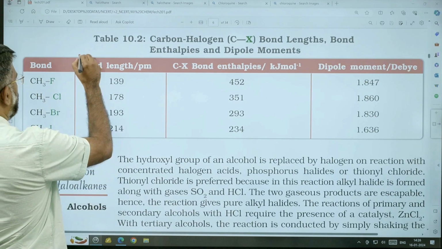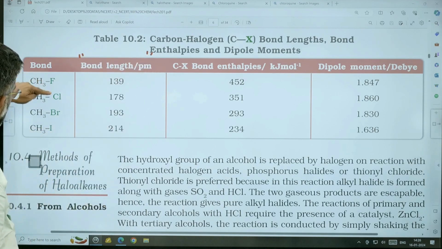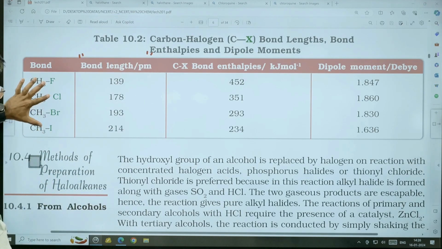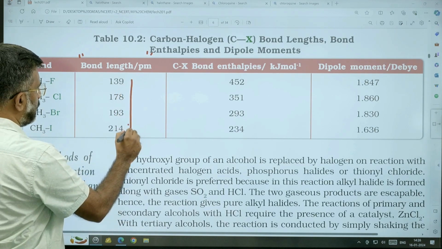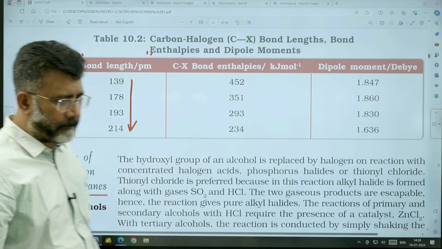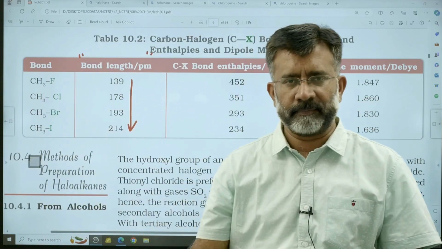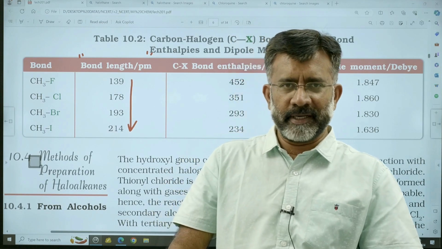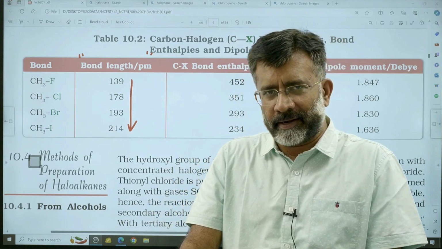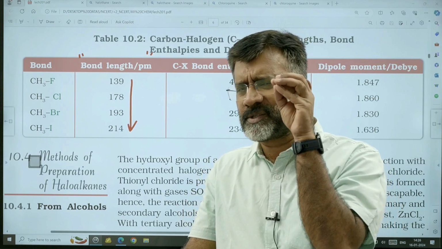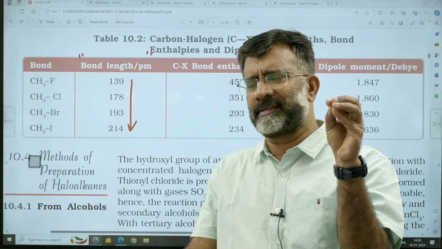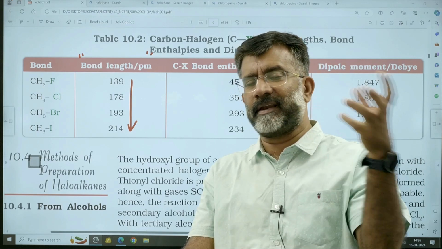You see the bond length for fluoride, chloride, bromide, iodide; we are dealing with the monohalogen derivatives. Bond length naturally increases from fluoride to iodide, just because of the size. Fluorine is small in size, so small bond length; iodine is larger, so larger bond length.